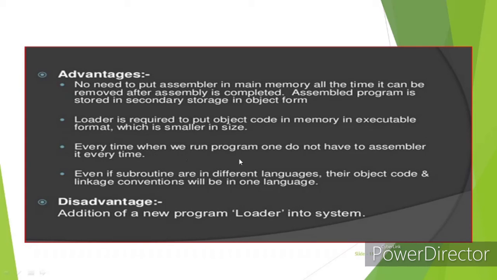Every time you run the program, you do not have to assemble it again. Even if the subroutines are in different languages, their object code and linkage conventions will be handled. One disadvantage is the addition of a new program, the loader, into the system.